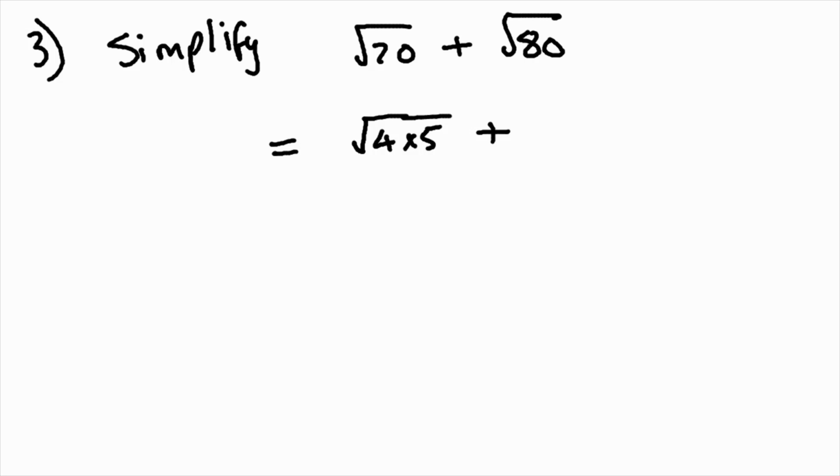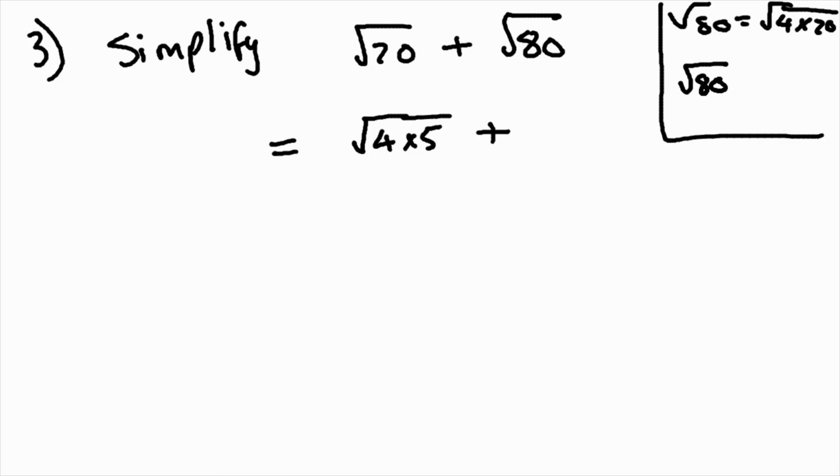We can either represent this as 4 times 20, or we can represent this as 16 times 5. Both of these are square numbers, but seeing as our root 20 has a 5 in, we are going to use the second one.